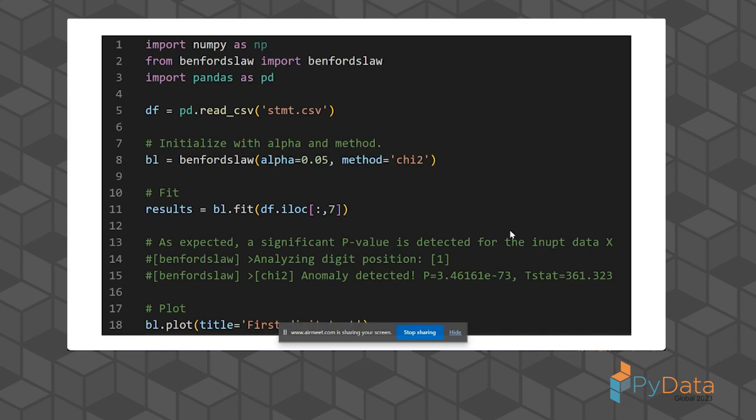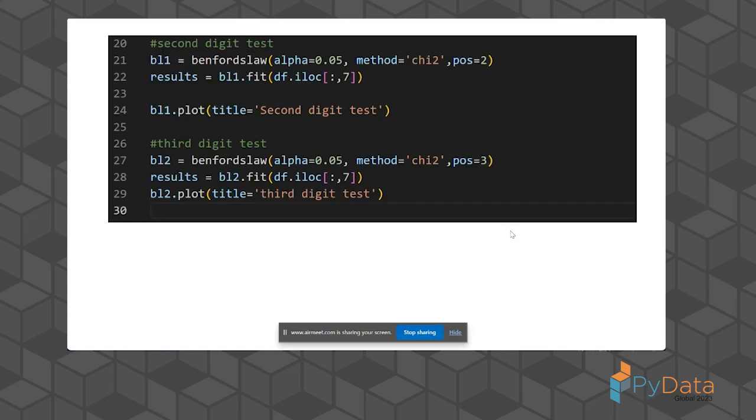Then you can apply the Benford's law algorithm using the fit function. Compute the significant p-value, and if Benford's value is greater than the chi-square value, then you can say that an anomaly is detected, and plot the values using the plot function.